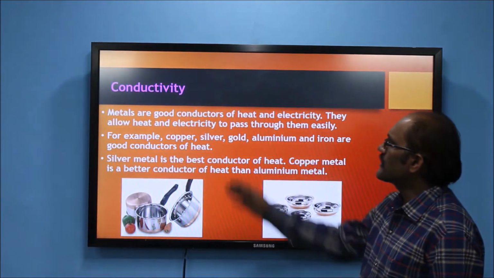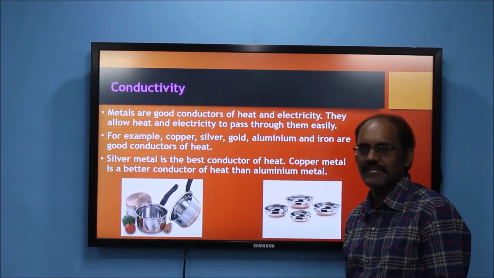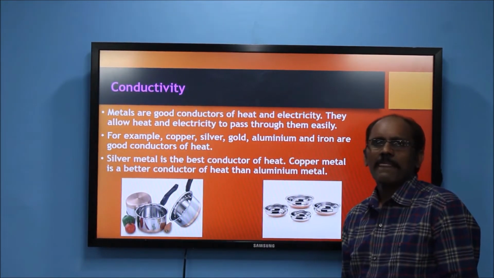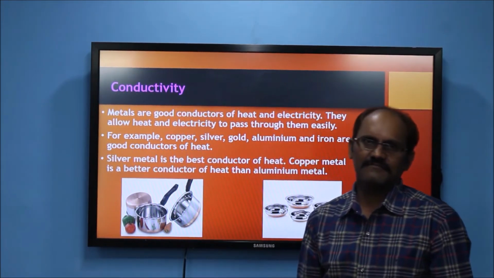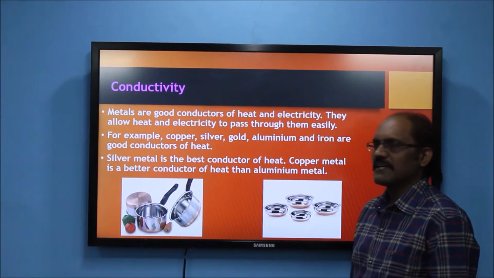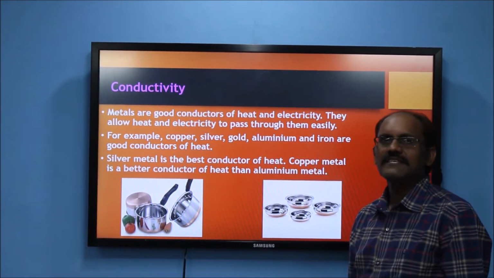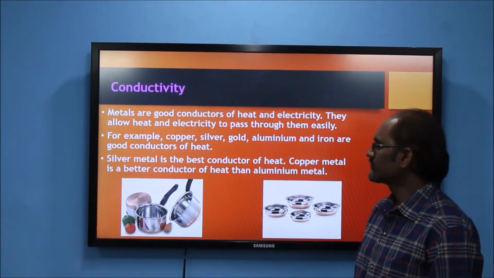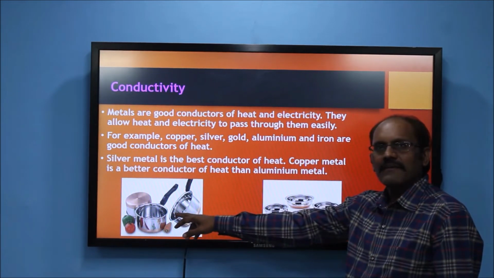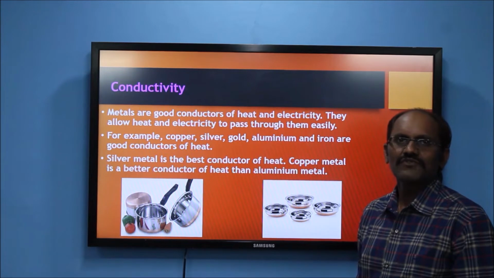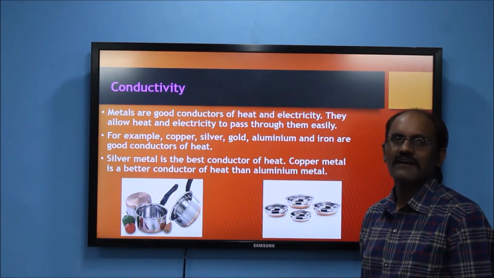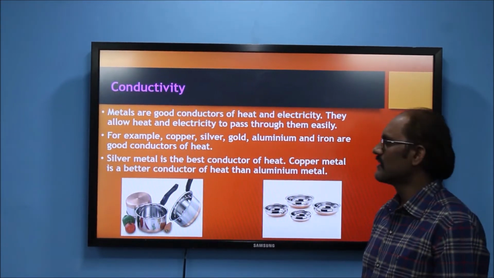Another physical property of metals is conductivity. Children, metals are good conductors of heat and electricity. They conduct heat easily, allowing it to pass through them. That is why the utensils which we use in the houses are made of metals.